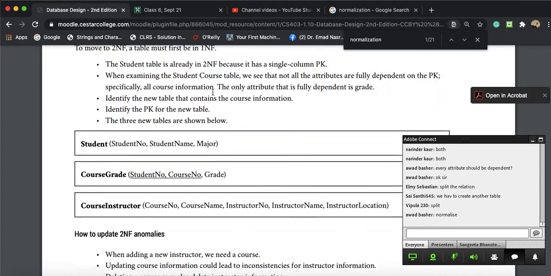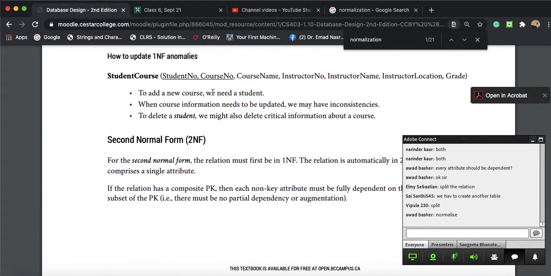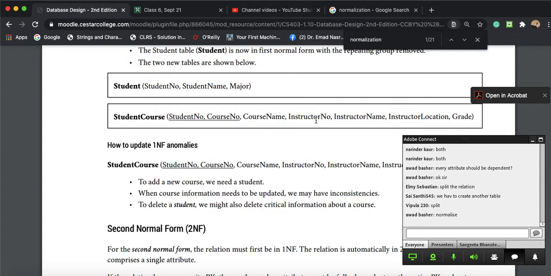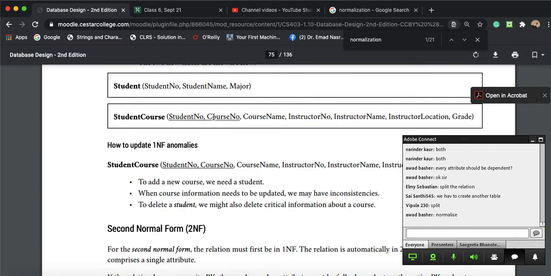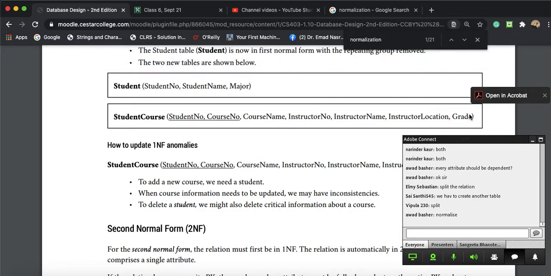The only non-key attribute that depends on both is grade. So I keep both and grade in a relation. The second relation, I will put only the course number, not both, and everything depends on the course number.